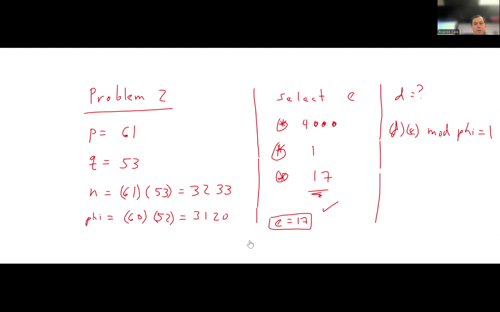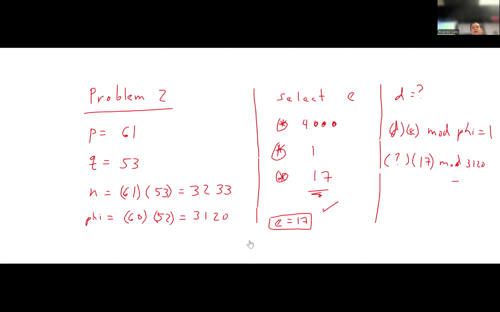So for now, this would mean that we don't know D, but we know E. In this case, it's 17 mod what? What is phi? Phi is 3,120, equal to 1.